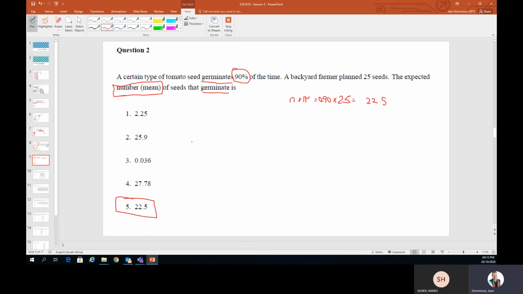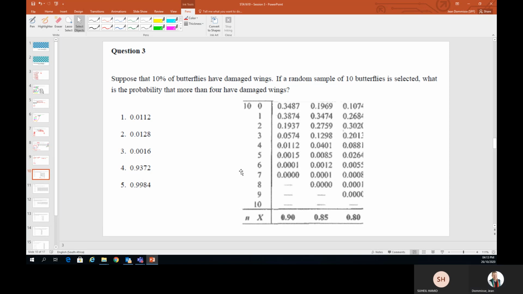Now we've worked out how to work out the mean. So the next one is, okay, so now we're again going to look at probabilities. Okay, so let's quickly see what is here.